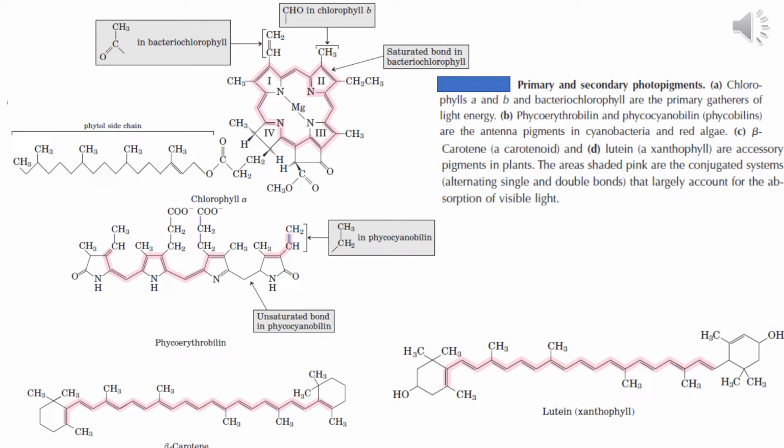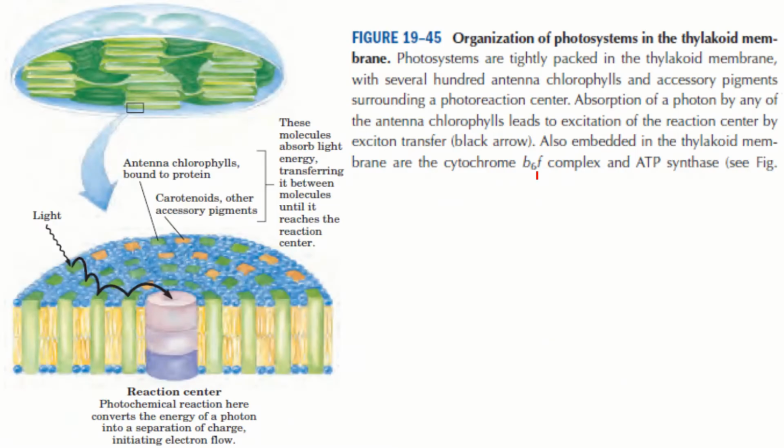These areas of the molecule with alternate single and double bonds are responsible for the absorption of light energy. So absorption of energy is a property of the pigments. It's because of the chemical structure of the pigments.